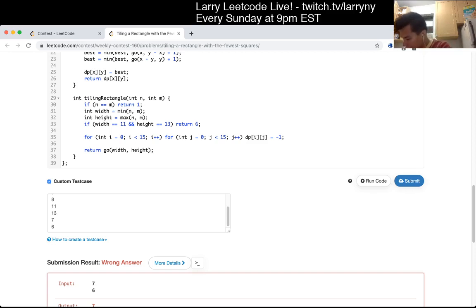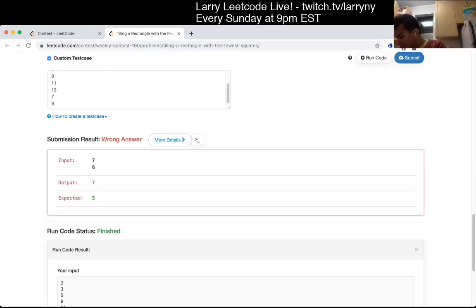So 7 by 6. Not 3 by 3, because then you just have 4 3 by 3s. Does that make sense, right? What is a 6 by 7 answer? I can't even construct one manually.